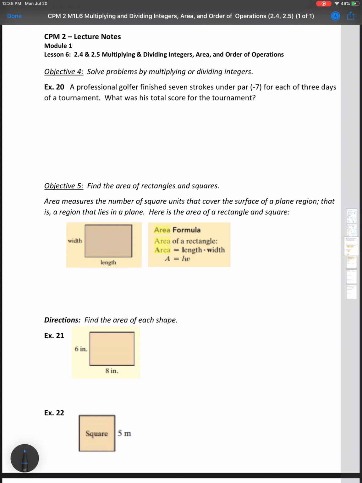So if you think about day 1, he finished 7 under par, right? Day 2, how did he finish? He finished 7 under par, correct? Day 3, he finished 7 under par. So what was his total score for the tournament?